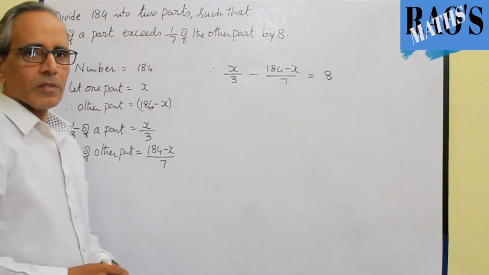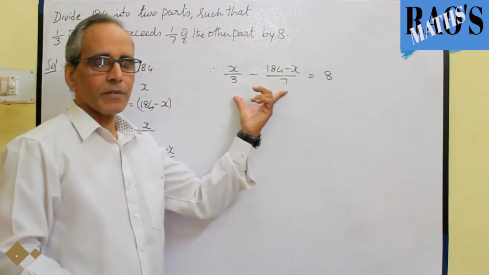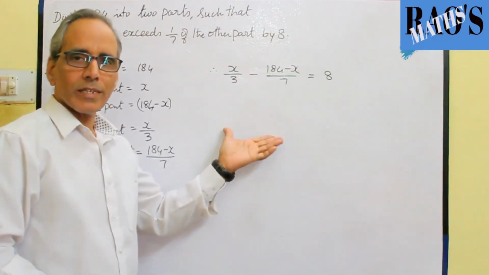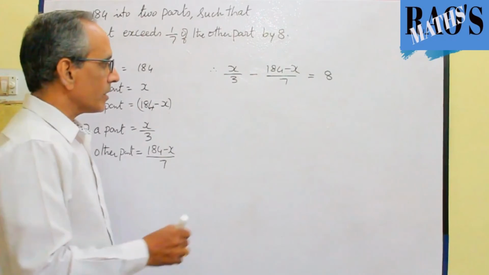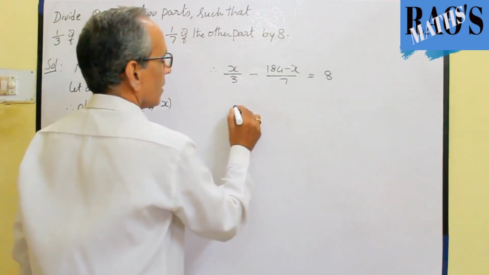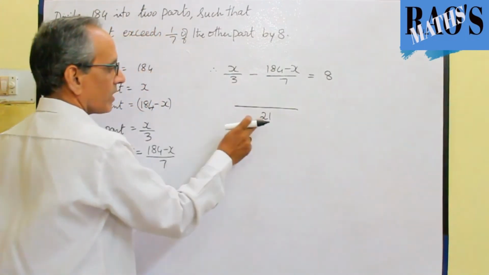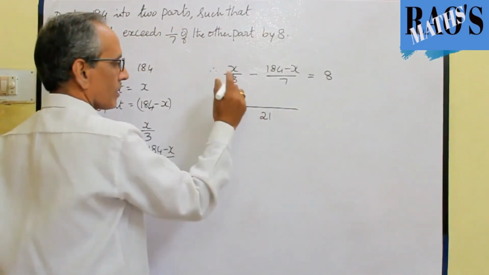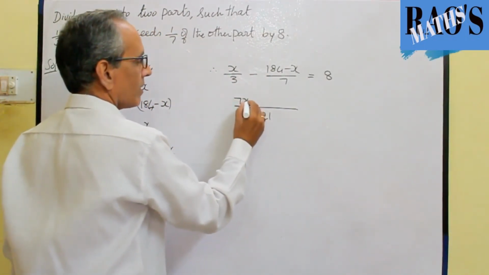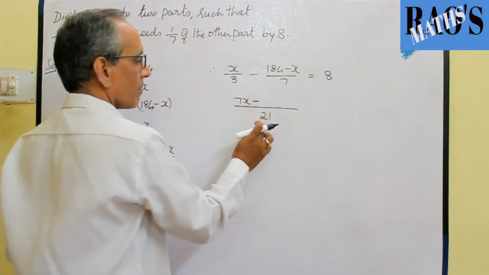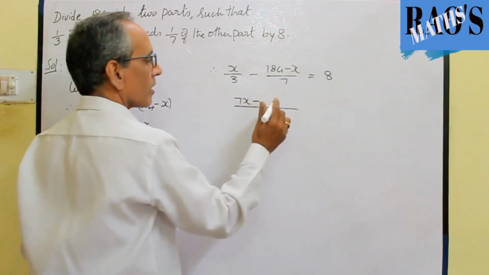As usual, since we have unlike fractions on the left hand side, whose denominators are 3 and 7, by using LCM we can subtract them. The LCM of 3 and 7 is 21. 3 7s, 7 times of x, 7x, minus 7 3s, 3 times of the whole numerator.